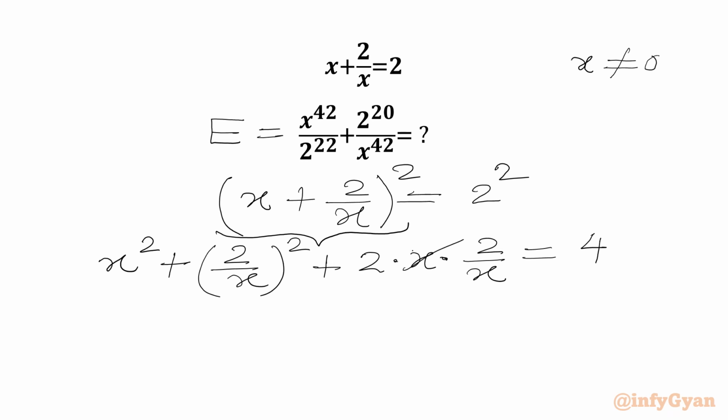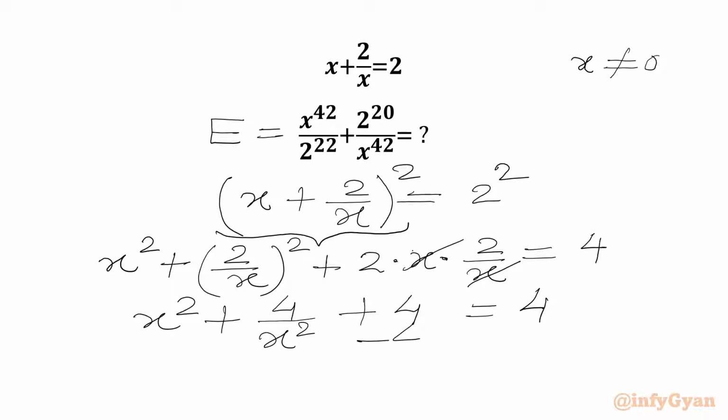Now we can cancel x from numerator and denominator. So we will write x square plus (2 over x) whole square will be 4 over x square, plus 2 times 2 is 4, equals 4.